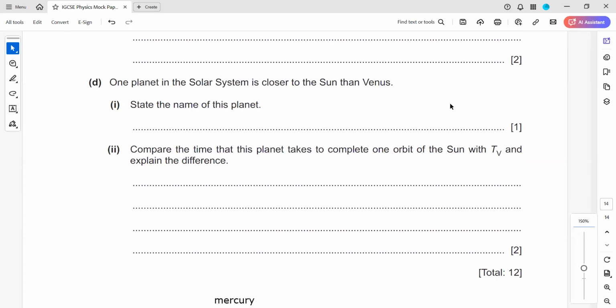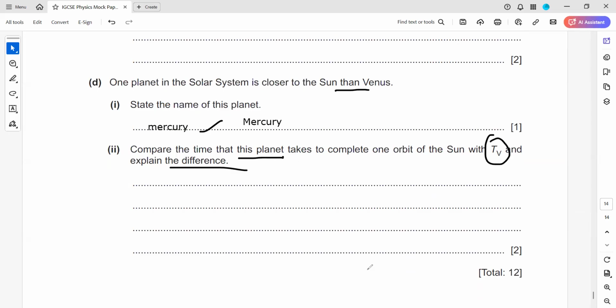One planet in the solar system is closer to the sun than Venus. State the name of that planet. Mercury. And then compare the time this planet takes to complete one orbit and explain the difference. So will it take a longer time or a shorter time if the planet is closer?